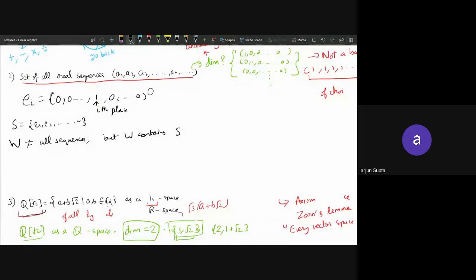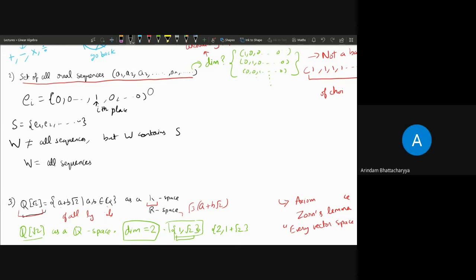Can you give me a subspace, a proper subspace of this space, which contains S? S is our proposed basis. I think we can take W to be the set of all such sequences, but with the extra condition that the number of non-zero elements is finite.